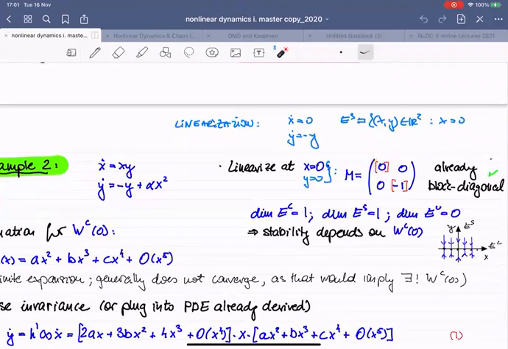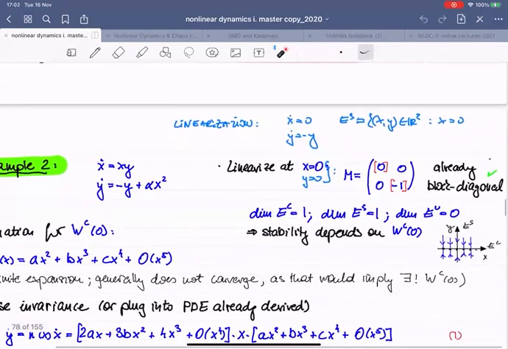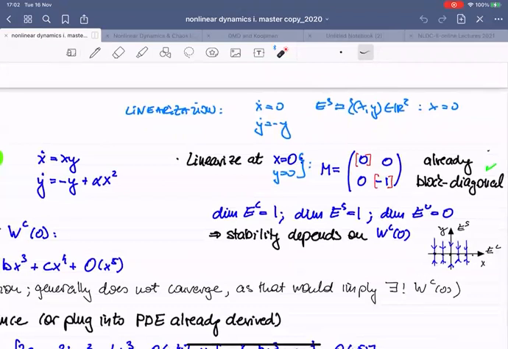So when I evaluate that at 0, it's 0. And the y derivative is also 0 at the origin. So I get 0, 0 here. When I go for the second equation, and I take the x derivative and the y derivative, again at 0, the x derivative vanishes, but the y derivative at 0, because after I differentiate with respect to y, I get -1 here, the y derivative will be -1.